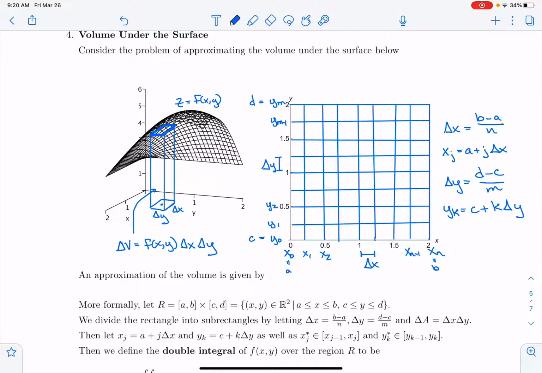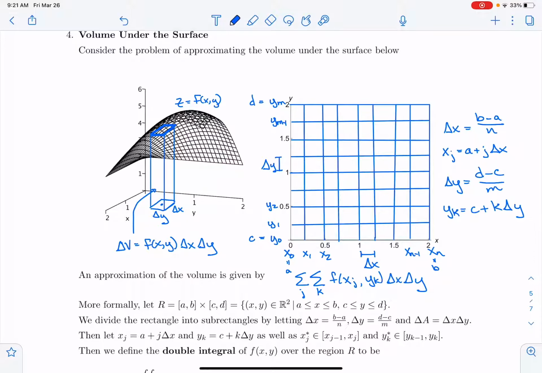So I want to take a sum of those. That sum is over j's and k's, and I'm going to sum f of x j, y k, delta x delta y.